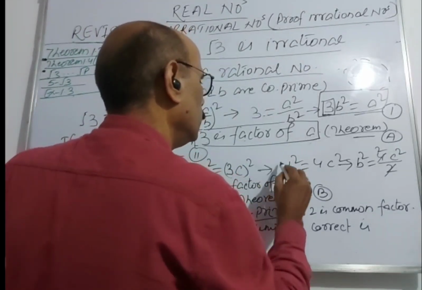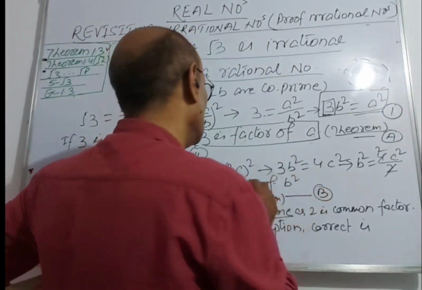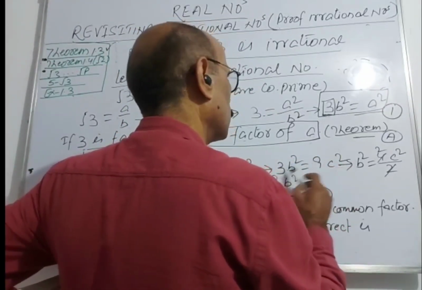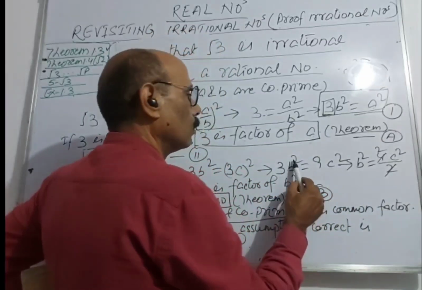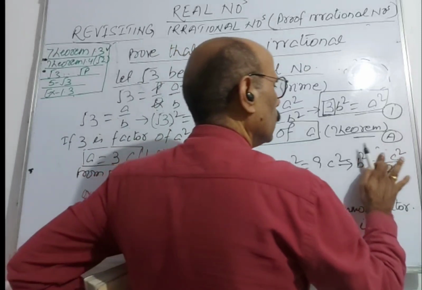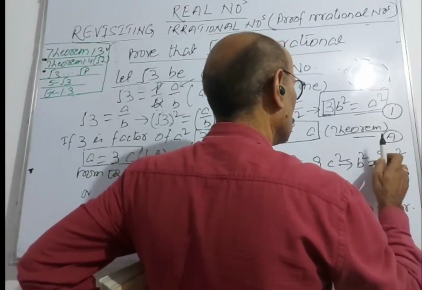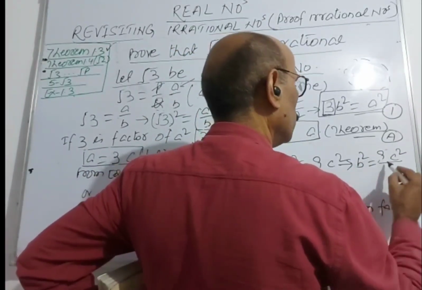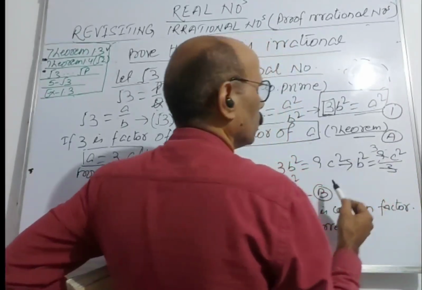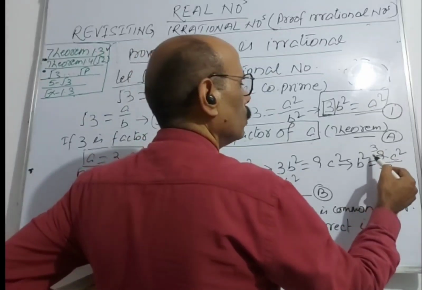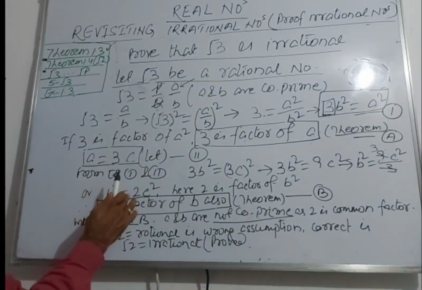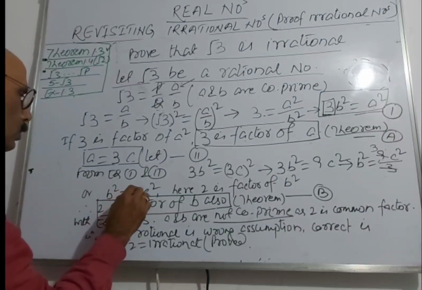Here 3B square is equal to 9C square. Now B square is 9C square by 3. It will cut by 3. So B square is equal to 3 into C square.